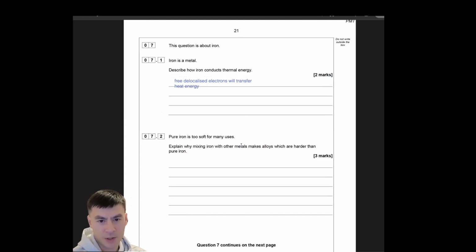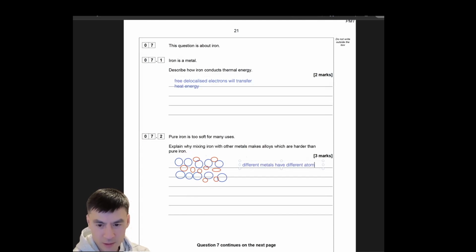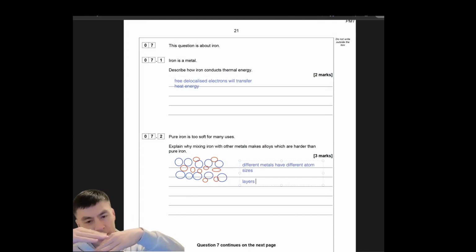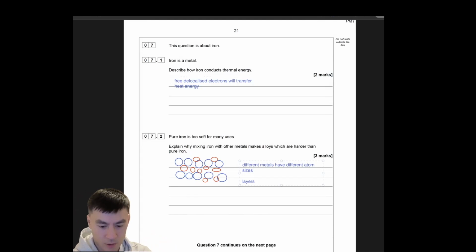Explain why mixing iron with other metals makes alloys which are harder than pure iron. 跟住如果有其他嗰啲細粒啲，different metals have different atom sizes。如果佢嘅 layer 已經唔係一個 layer，已經全部整到佢亂晒，咁我哋咪 slide 唔到咯。Layers of atoms are not able to slide as easily due to the regular patterns.